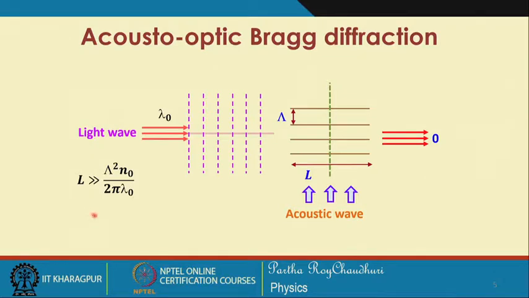So, this is again the condition which we will see from this discussion also. The light wave earlier was incident almost normal to the direction of the acoustic wave, and that case was small Bragg angle diffraction. Now, if it travels very close to the direction of propagation of the acoustic wave, these are the two distinct cases of Bragg diffraction.